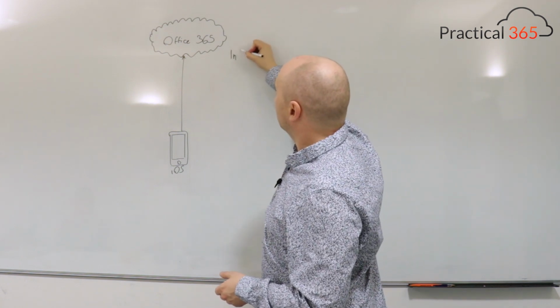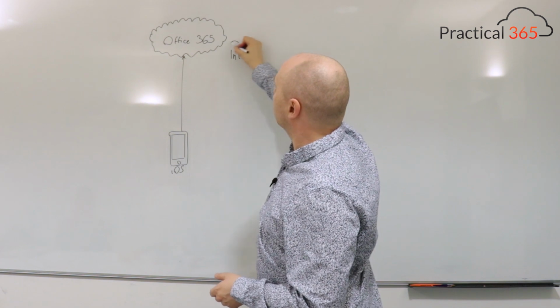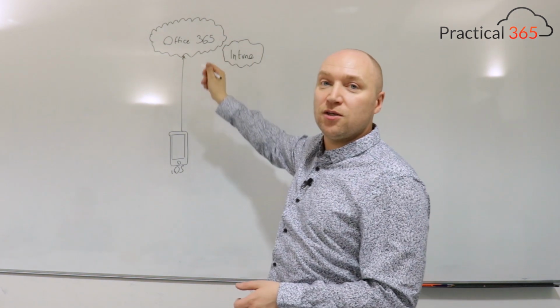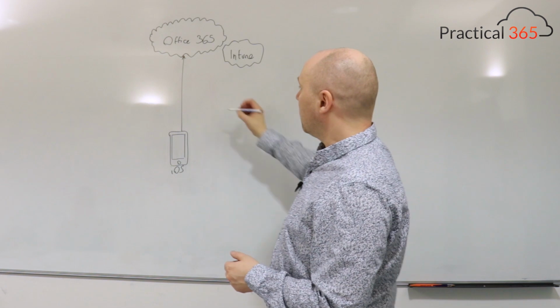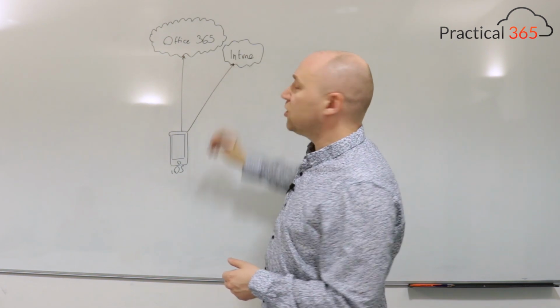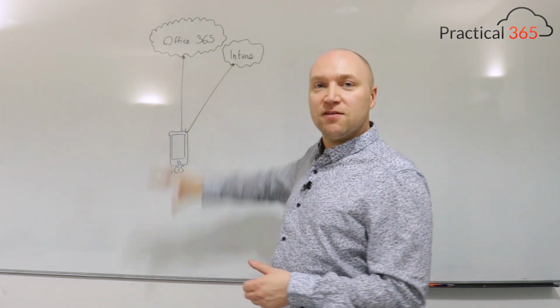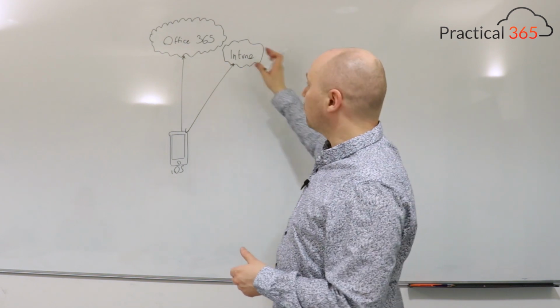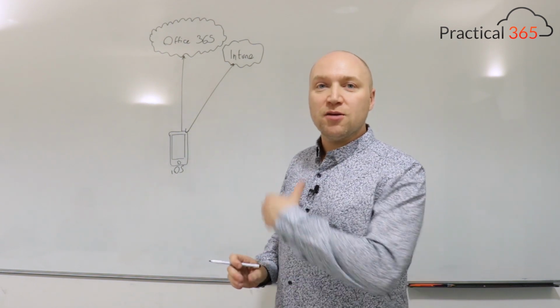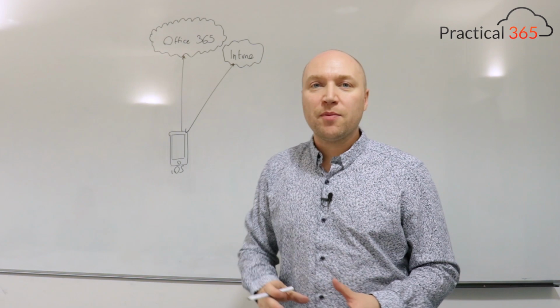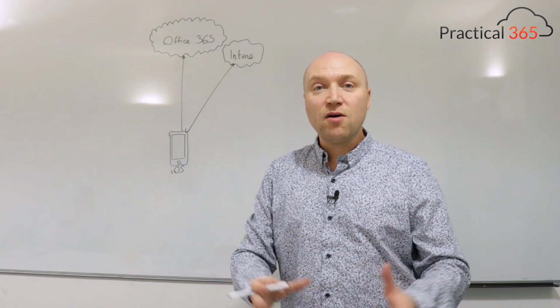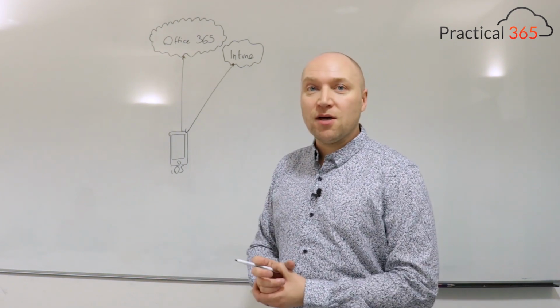So if we create a set of policies within Intune and license the user for it, then the device can also have a relationship with Intune where it receives data about the status of the device, but we're also able to utilize that to push policies to restrict what happens within the application itself or manage the entire device itself.